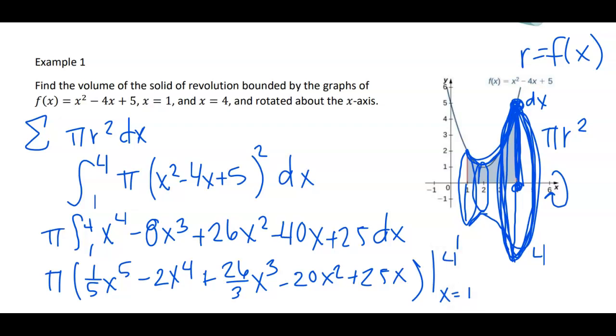I plug in 4 into this whole polynomial. I subtract, plug in 1, and we end up getting 78 over 5 pi. And again, that's the volume of the solid that's going to be generated.